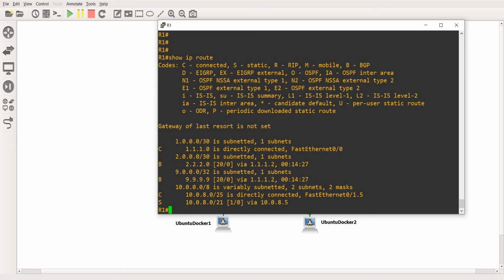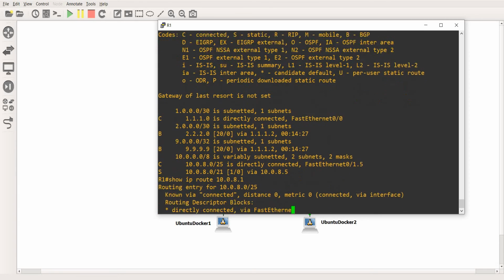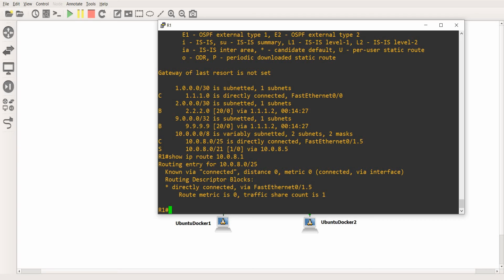Another way, this is actually a better way, or easier way. Let's say that the destination IP address is, like I said earlier, 10.0.8.1. So by using this command, let me enter. It says here routing entry for this route. So automatically, you know that the router is going to use this route.